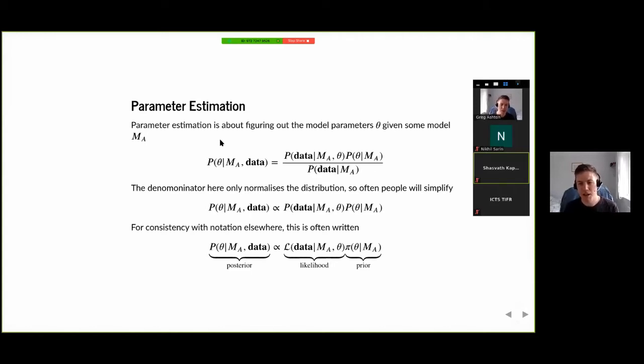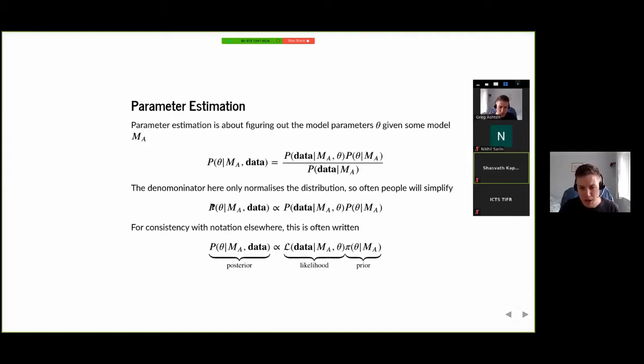This is parameter estimation. I want to know the probability of the parameters, theta, given a fixed model and given some observed data. On the right-hand side, we apply Bayes' theorem where we switch over the data and the parameters. The model always stays on the right-hand side. That's fixed here, as we're always determining the parameters for a given model.